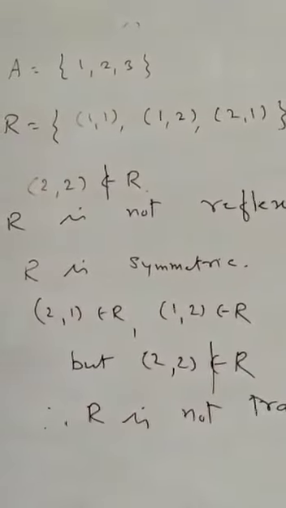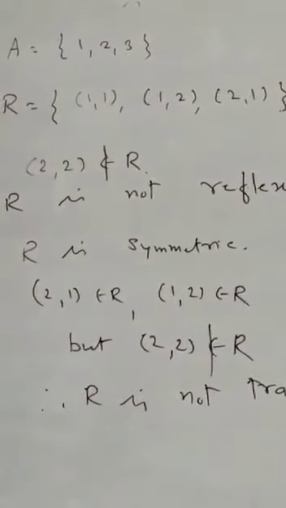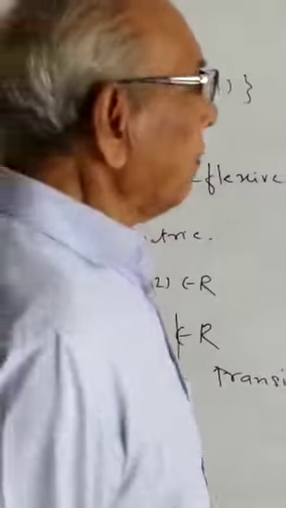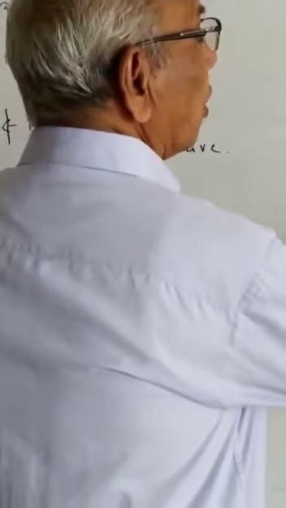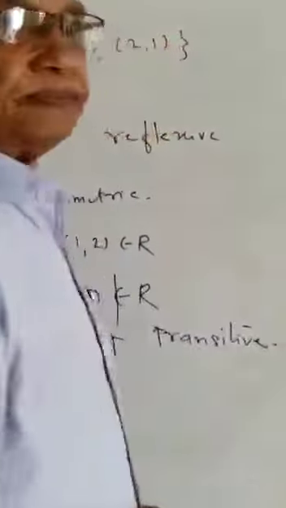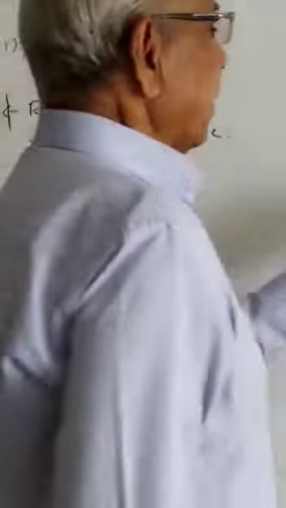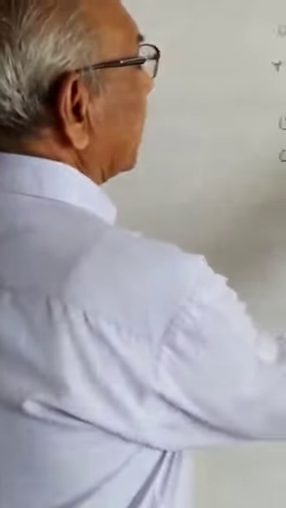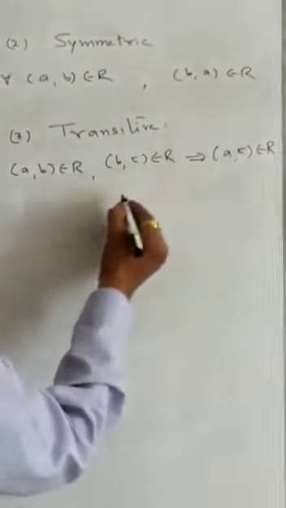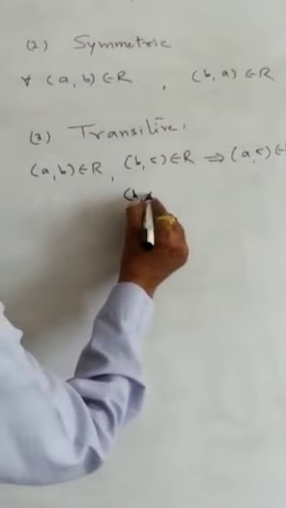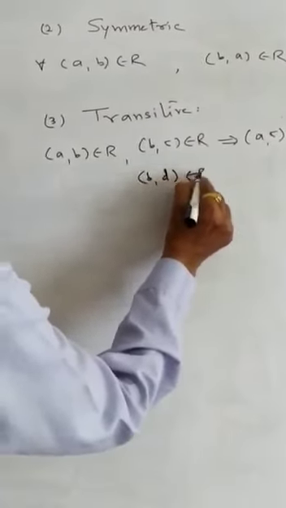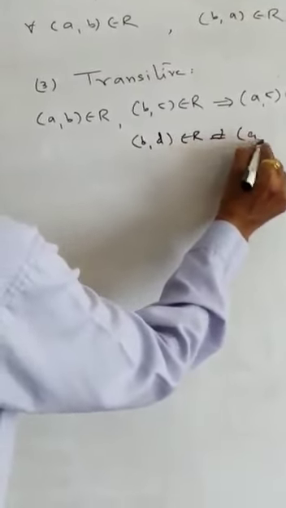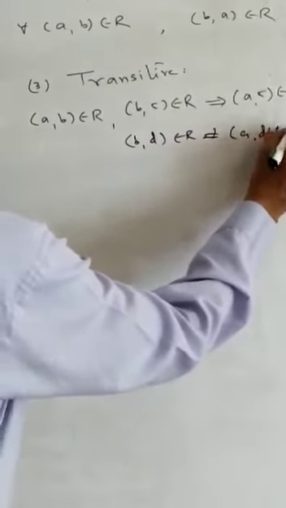To check whether the relation is transitive or not, we always have to find such ordered pairs (a,b) and (b,c). Right? As per example, (a,b) belongs to R, (b,c) belongs to R, then (a,c) should belong to R. If there is another ordered pair (b,d) belonging to R, then (a,d) should also belong to R. Right?